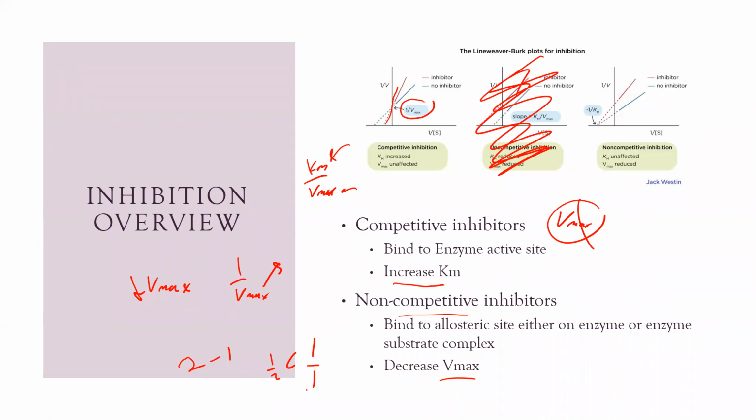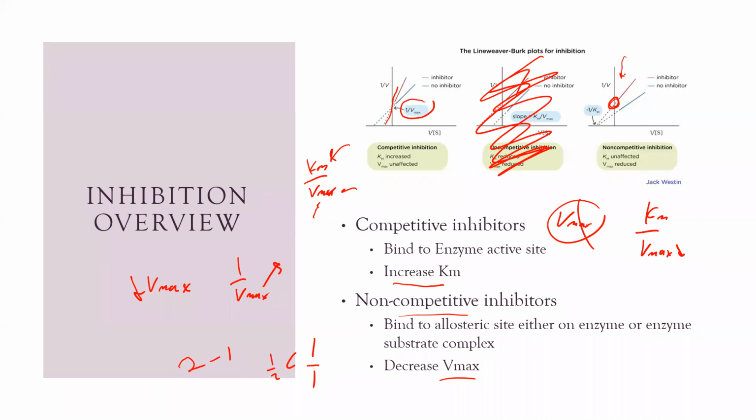And so you can see here that my 1 over Vmax has increased. That's also going to change my slope, because it's a smaller Vmax, which leads to an increased slope. But the key thing you're going to recognize is the 1 over Vmax has increased.